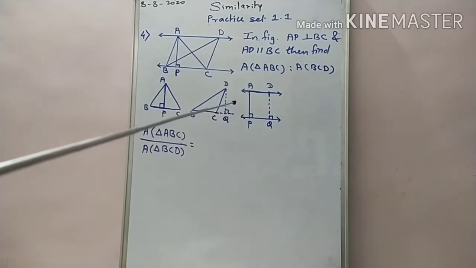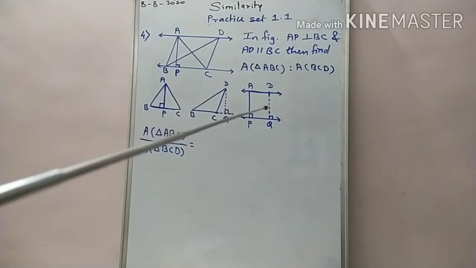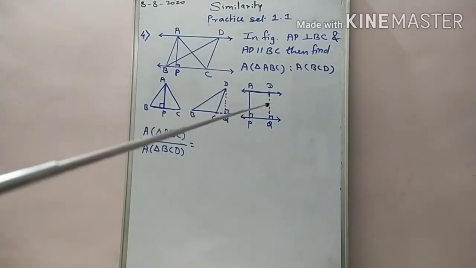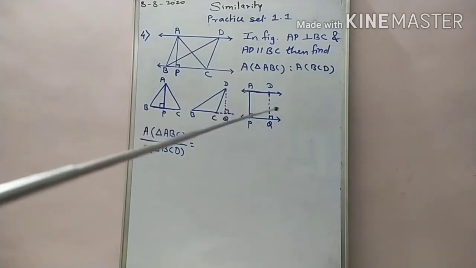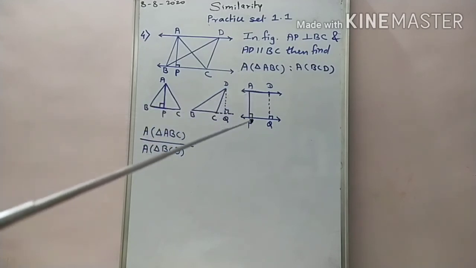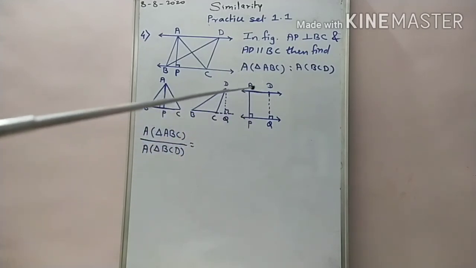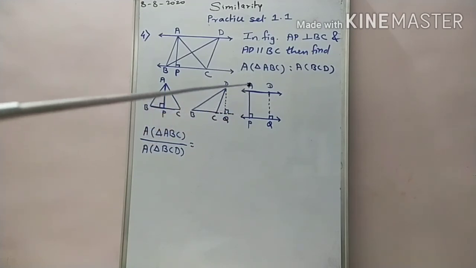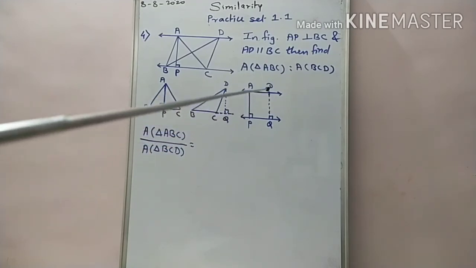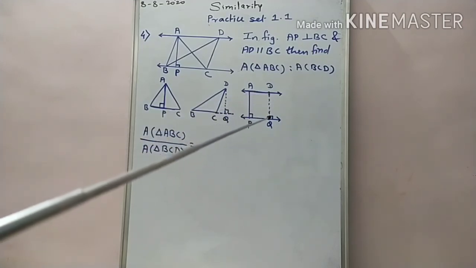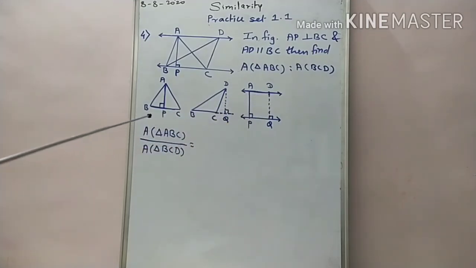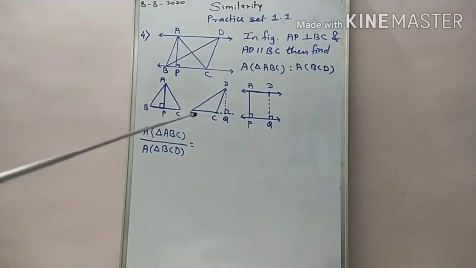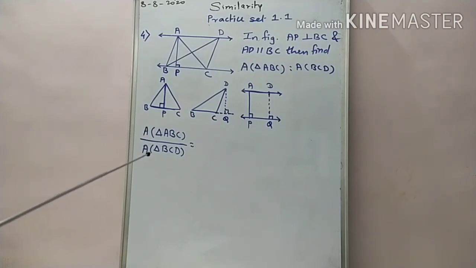There is a property: if we draw two or more perpendiculars between the same two parallel lines, then those perpendiculars are equal in length, meaning AP and DQ are also the same. Getting this point?